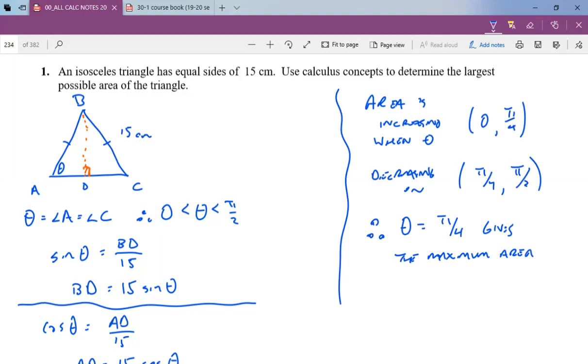We're not quite done with this question. It does ask to determine the largest area of the triangle.